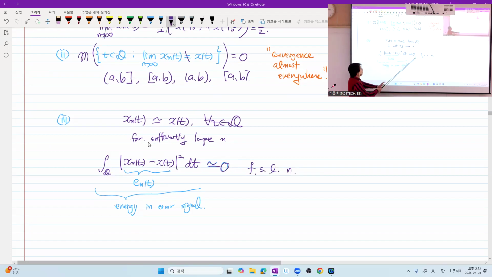And what does that mean? For sufficiently large n. Of course, your friend in the math department will hate it, so we will modify it a little bit and say this one.